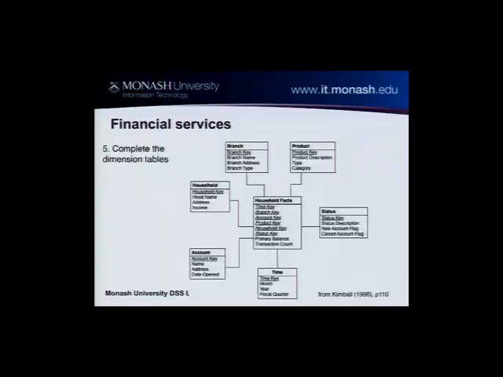Now, if we go through and complete the dimension tables, you'll notice we've got a couple of attributes there for account, but we're not differentiating between check accounts and savings accounts and loan accounts and things like that.